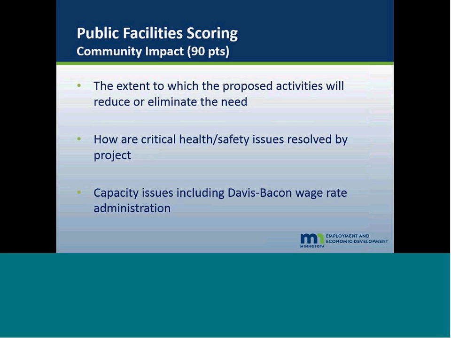Critical is it? Increase capacity in Davis-Bacon rates. So you want to make sure your administrator knows about Davis-Bacon. They know how to implement that. And we have the webinar for Davis-Bacon training on our website. So that's something that you probably want to take, even for a veteran.